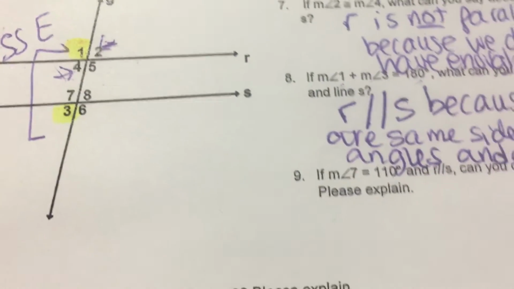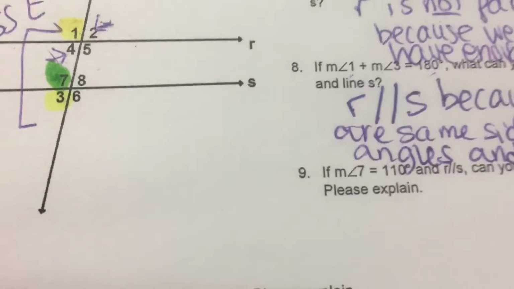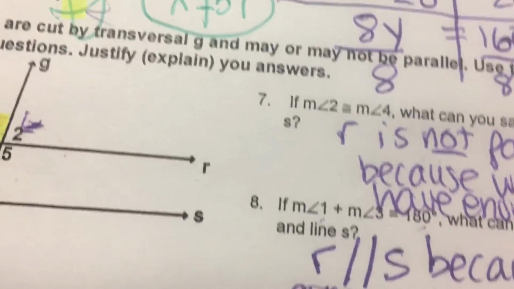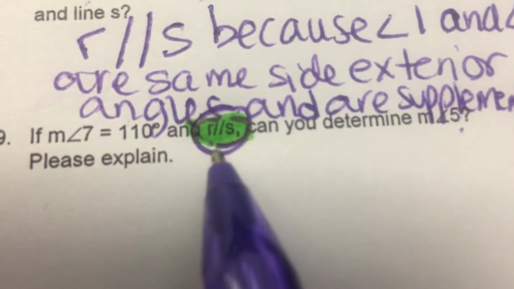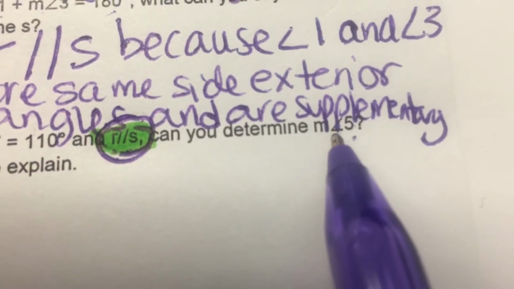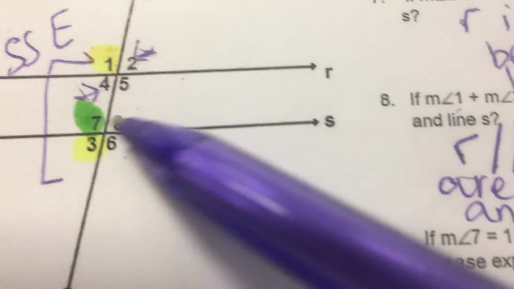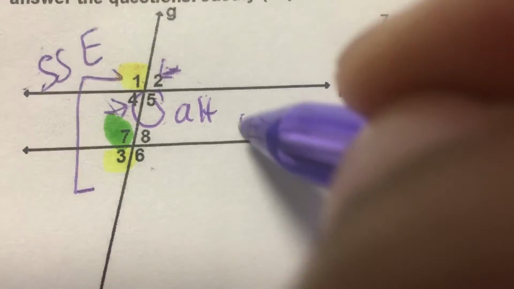All right, number 9 says if angle 7 is equal to 110, and here's the biggie, and I talked about this in my last video, if R is parallel to S, you see that? That's the biggie. If that's part of your problem, you can get an answer for number 5. If that's not part of your problem, you have to say, not enough information. So because that's there, you can say, looking at number 5, that's alternate interior.